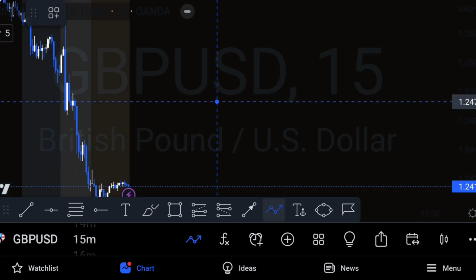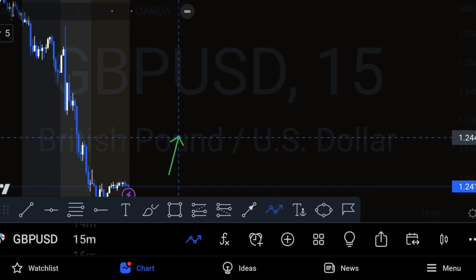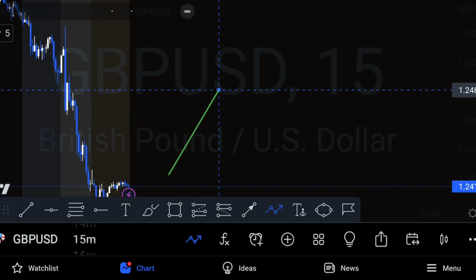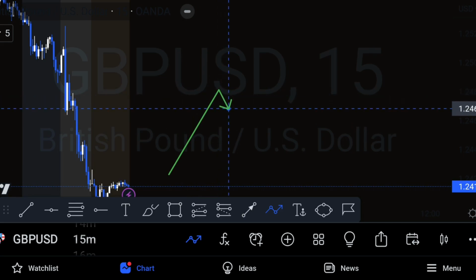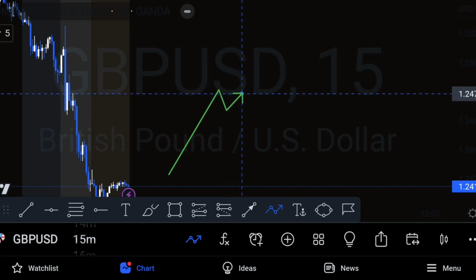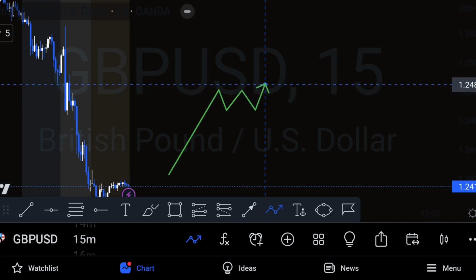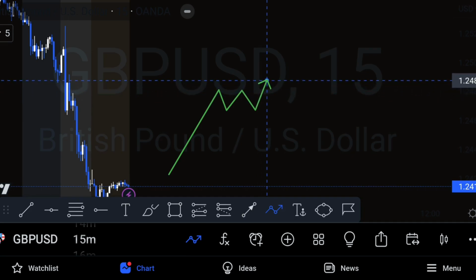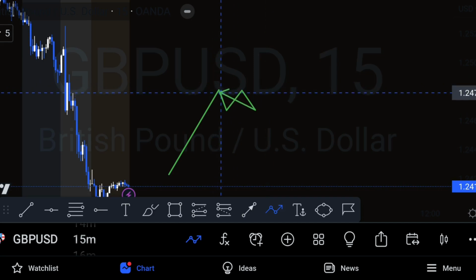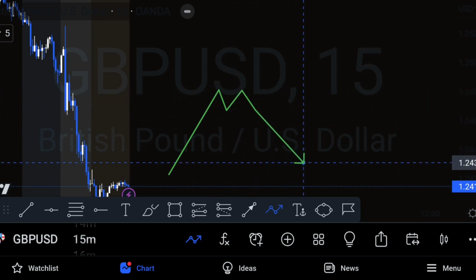So when price begins a trend, let's take for example, price is going up and will do something like this. We'll have some form of consolidation, and let's say price has gotten to a supply zone and it wants to react to go down, right?